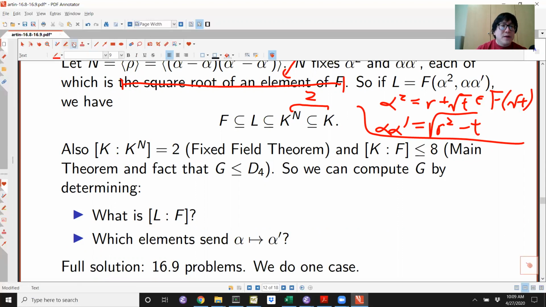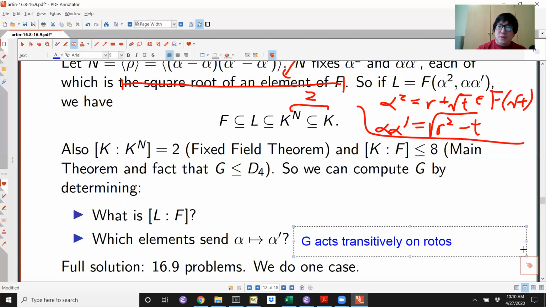And remember that G acts, and this is actually getting to what both Ravi and Monroe are asking about. G acts transitively on the roots, so one must exist.